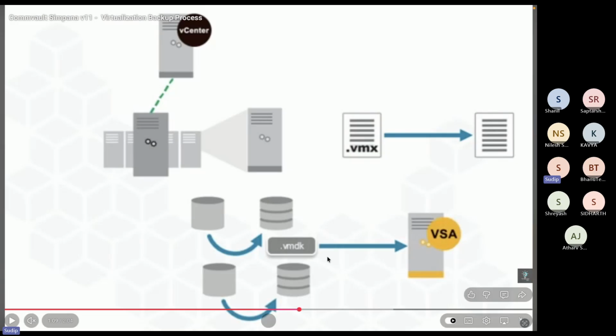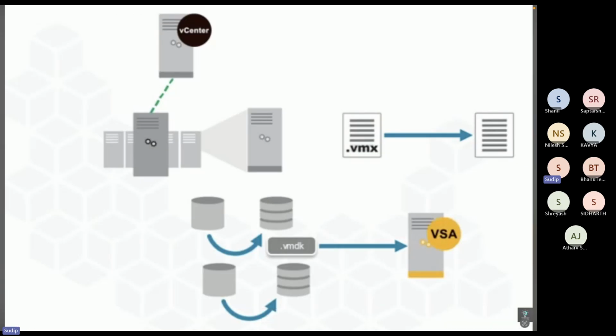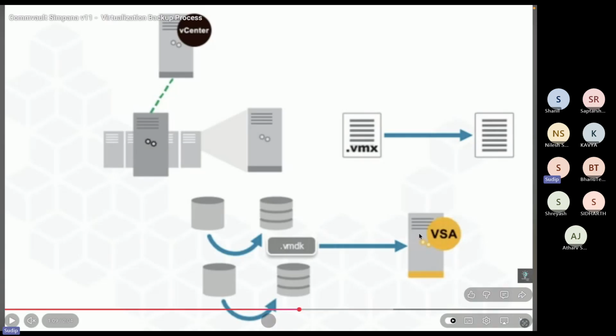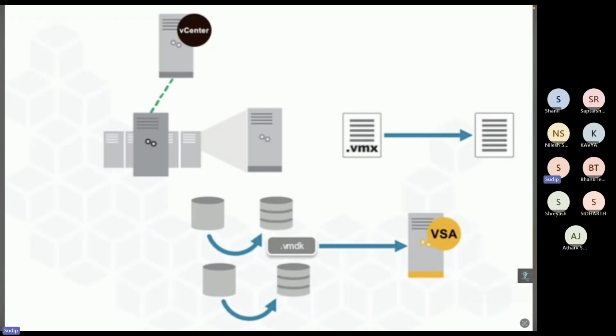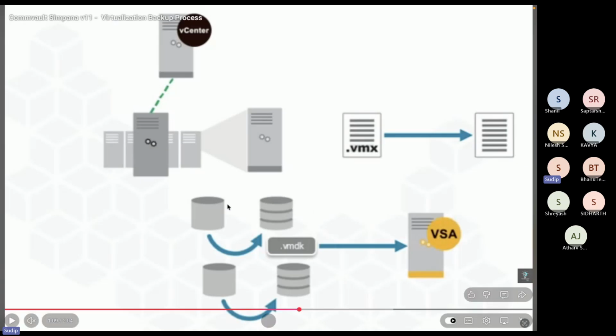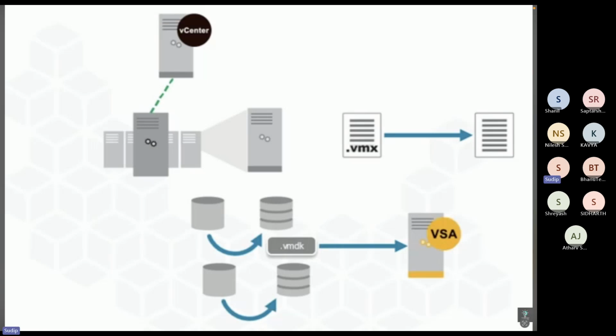And once you provide the necessary credentials and once you open the respective TCP ports, this VSA agent will get the capability and access to go and scan the entire virtual environment and identify the complete environment.